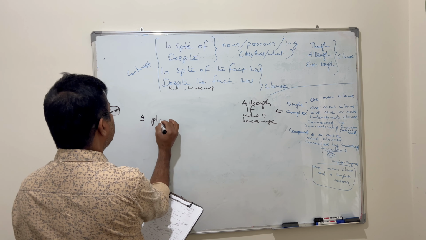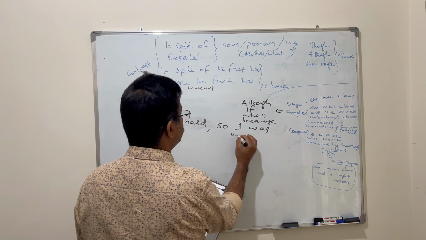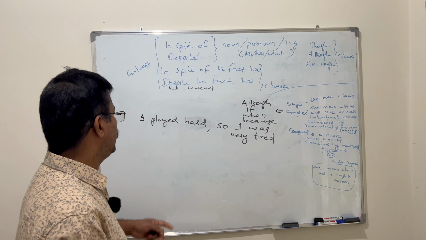I played well, comma, so I played hard, comma, so I was very tired. "I played hard" is one main clause. The subject is I, played is the verb.